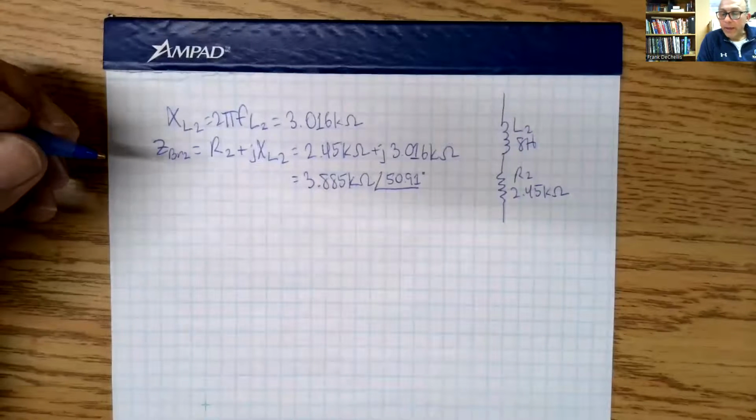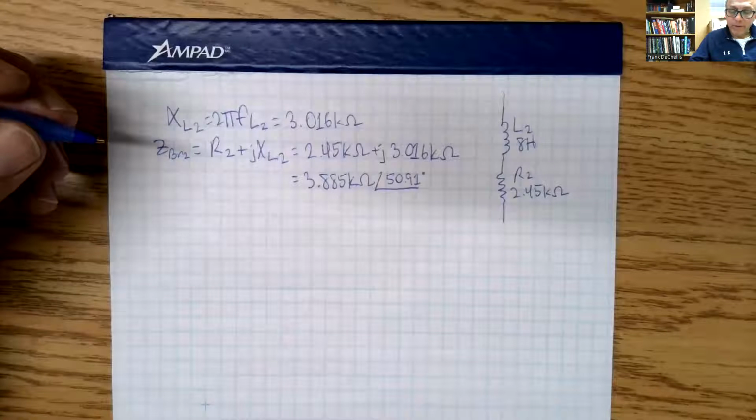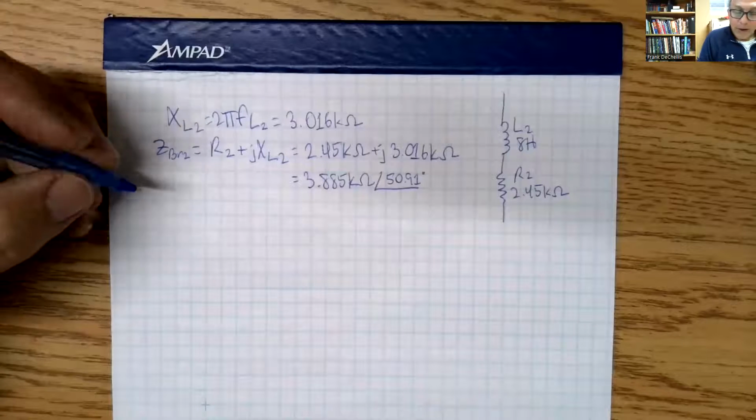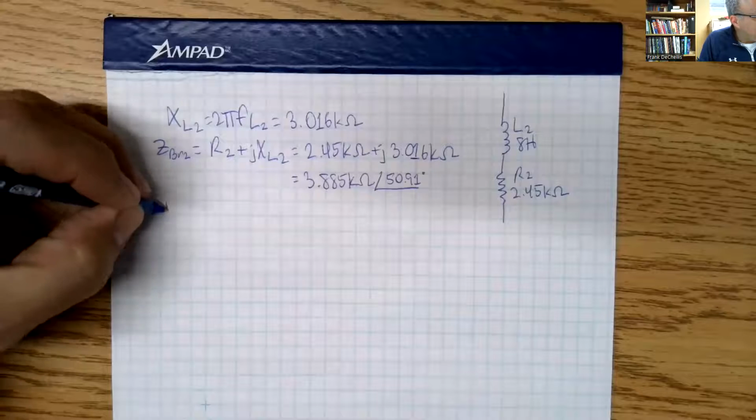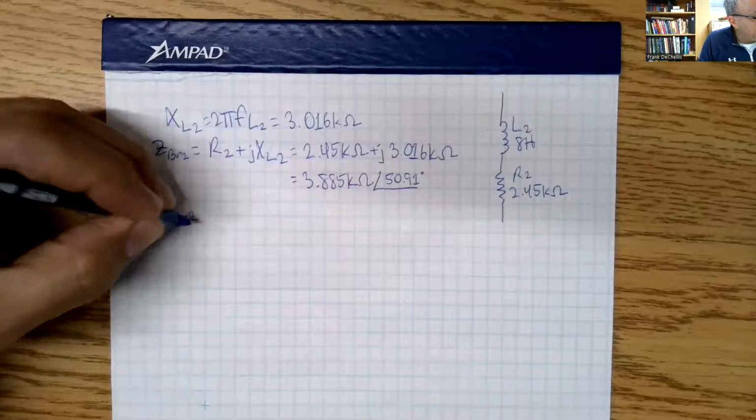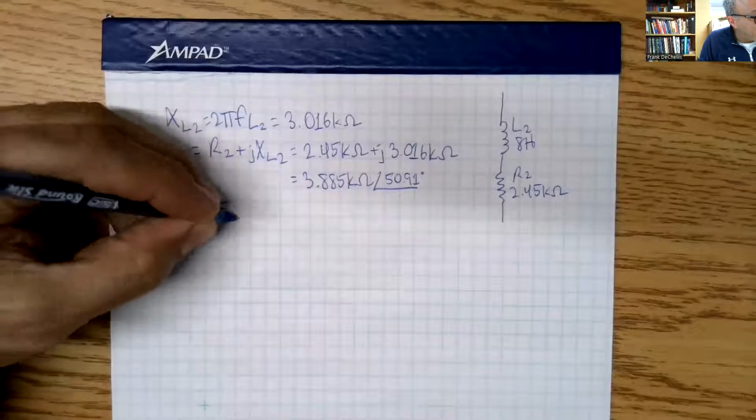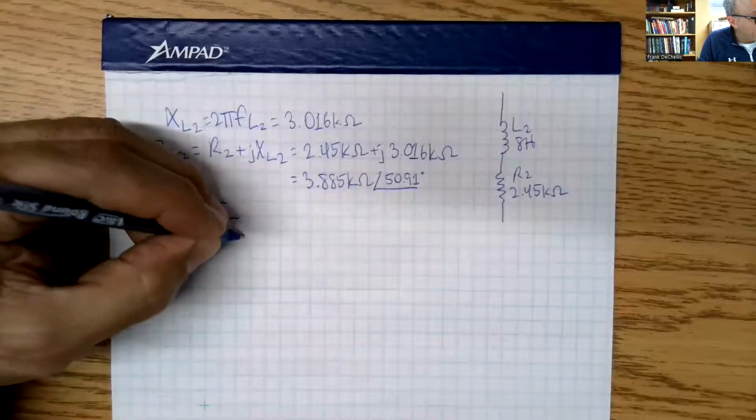So if we were to calculate everything else now, I of branch 2 is equal to E over impedance of branch 2.